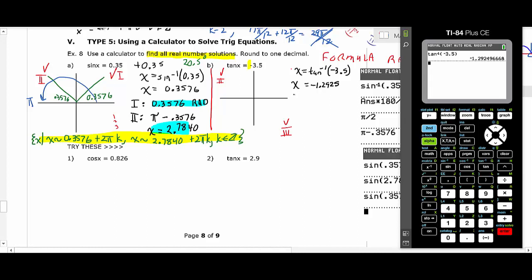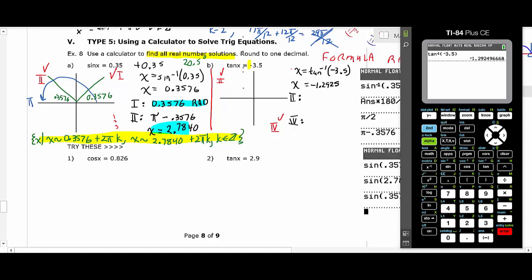So we need to get a quadrant 2 answer, and we also need to get a quadrant 4 answer, kind of like what we did in the last problem. Okay, and then we'll be able to write this down in a solution. Although with the tangent, I want to show you that when you're writing a formula, the only thing that's going to matter is one of the answers, because they're going to be 180 degrees apart anyway.